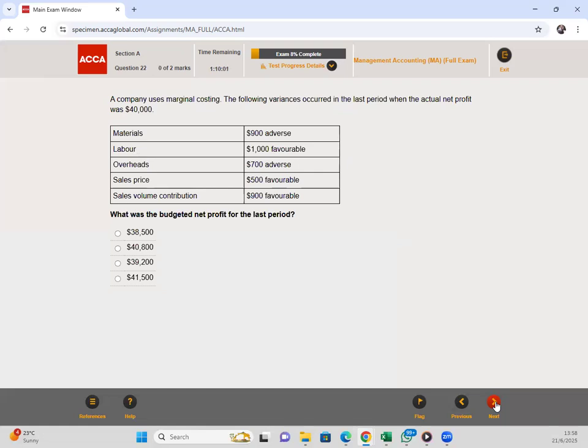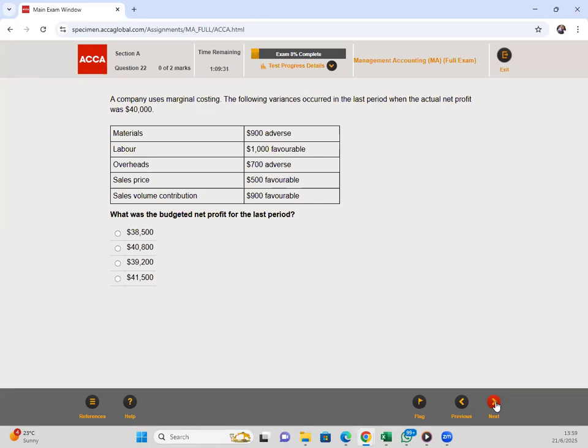Okay, let's move on. A company uses marginal costing. The following variances occurred in the last period when the actual net profit was 40,000. So we are given the actual and we want to go back to the budget.